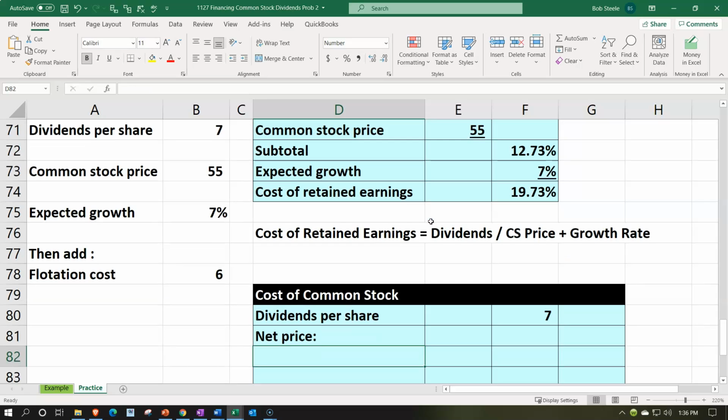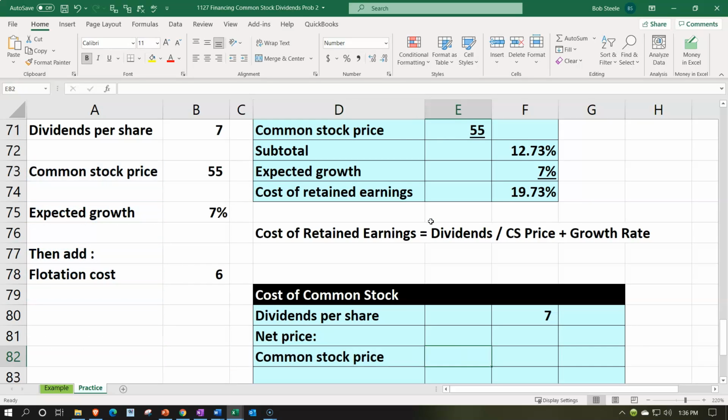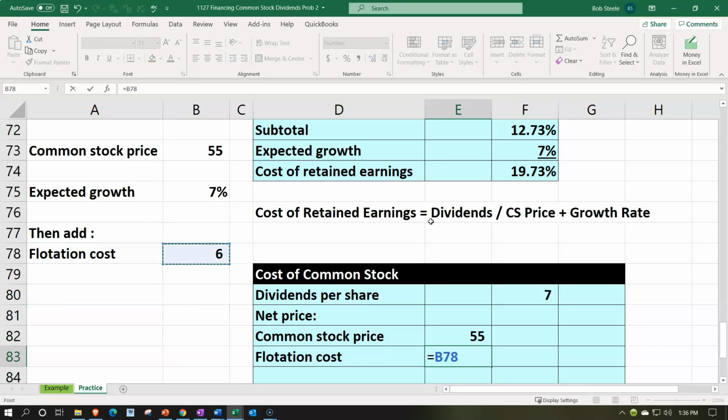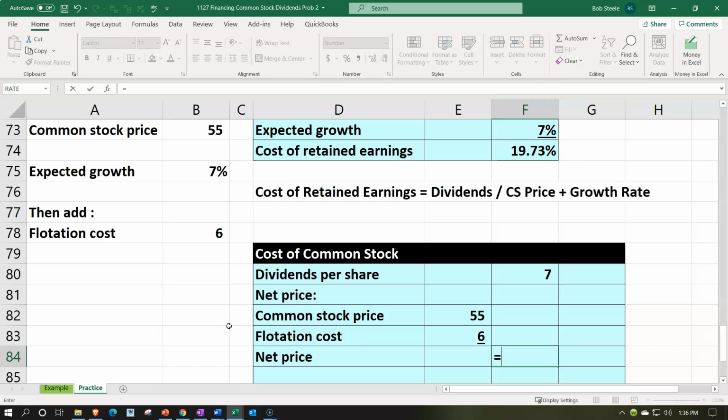Common stock is going to be the 55. We saw that before. But then the really new part is the flotation costs that are added. Flotation costs 6%, or $6. That's how much it costs to float these things out into the market, apparently, so they don't sink. And that's going to give us the net price equaling the 55 minus the 6.